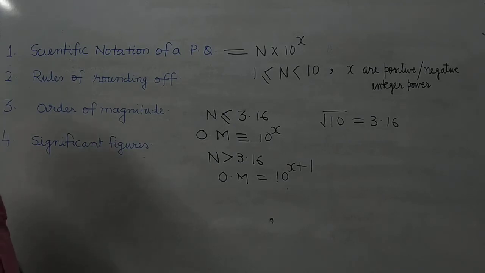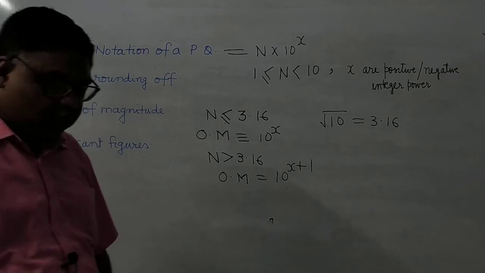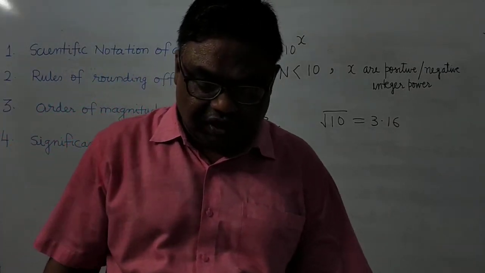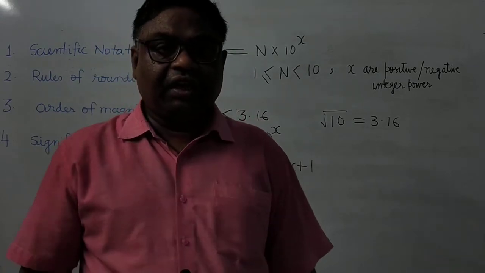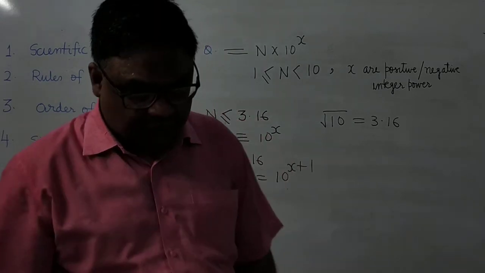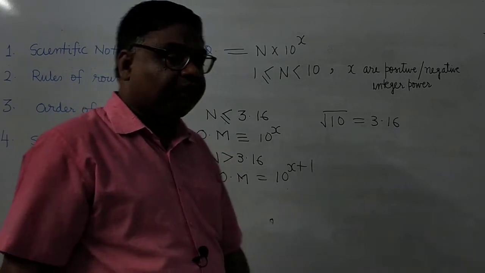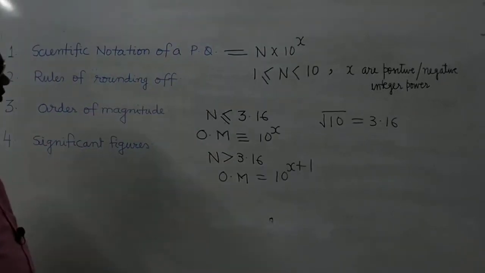It's clear? So what is the procedure of finding the order of magnitude? Order of magnitude means the magnitude of any physical quantity in terms of the nearest power of 10. How will you find the order of magnitude of a physical quantity? First you write that quantity in scientific notation.